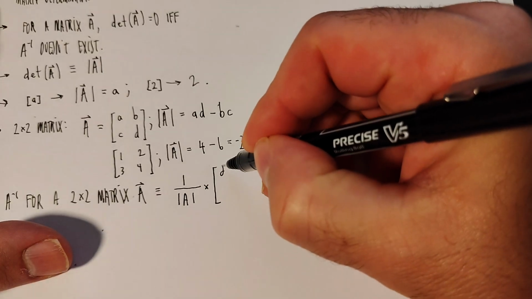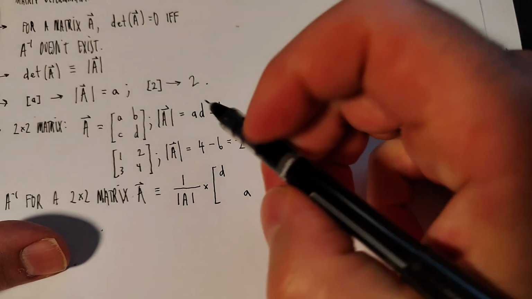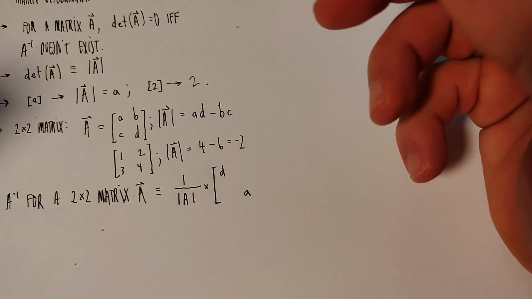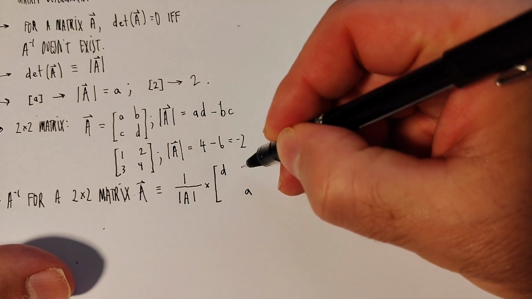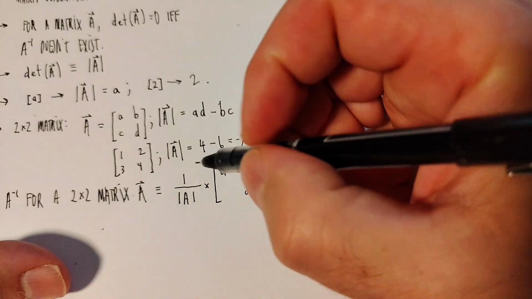So there's going to be a d up here and an a down here. And then we're going to multiply the off diagonal entries by negative 1. So that's going to be negative b and negative c.